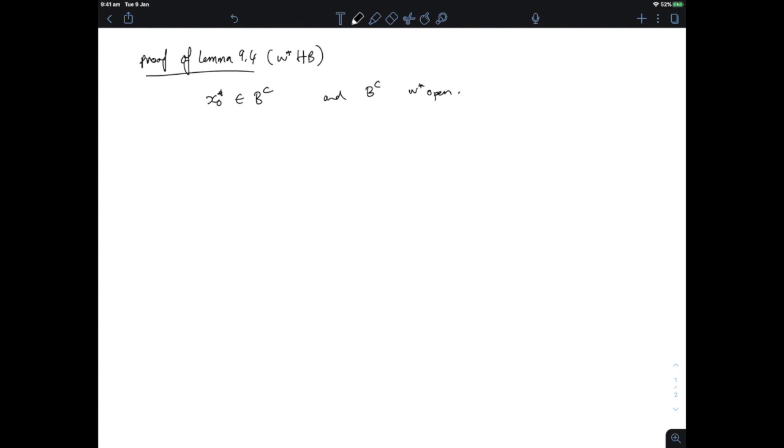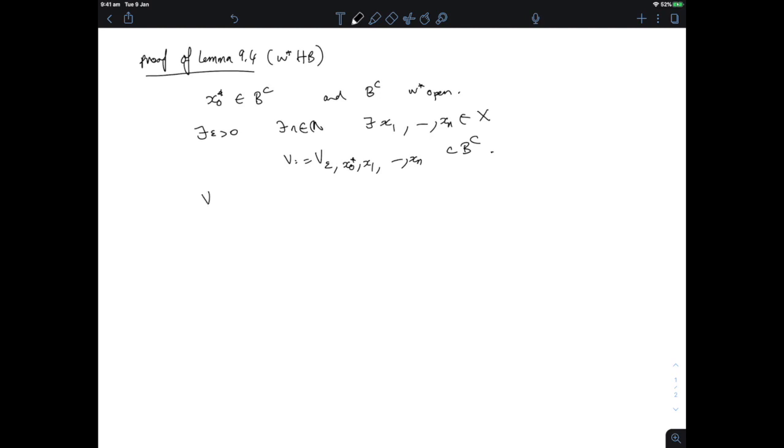So that means that I have a weak star neighborhood around x naught star within the complement of B. That is to say, there exists an epsilon, and there exists an n in N, and there exist elements x1 till xn in capital X, such that the neighborhood V, in the notation of neighborhoods for the weak star topology, V epsilon x naught star x1 till xn, lives entirely within B complement.